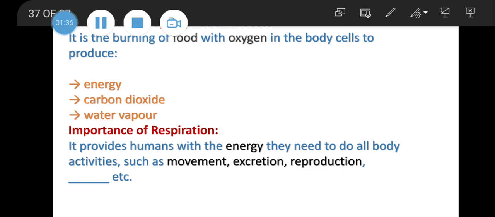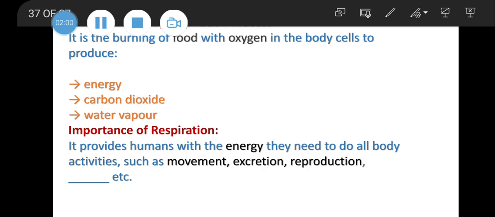The digested food and the oxygen which we breathe in are going to burn. Any reaction with oxygen is called burning, and it produces carbon dioxide, water vapor and also energy, which helps us to do our activities. So it is a burning.